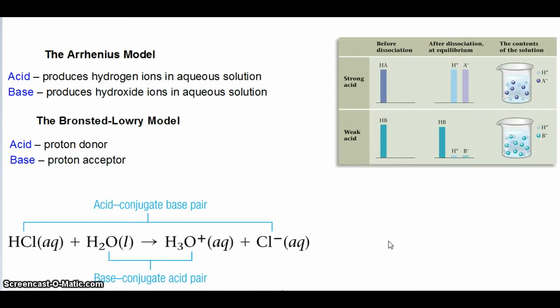Now in class we talk about two different models. The Arrhenius model is where an acid produces hydrogen ions in an aqueous solution, and a base by definition produces hydroxide ions, and you'll see in a second why he thought that all bases produced hydroxide ions.